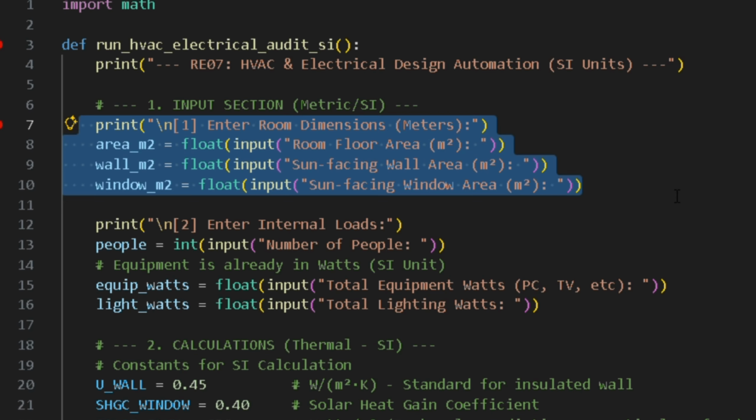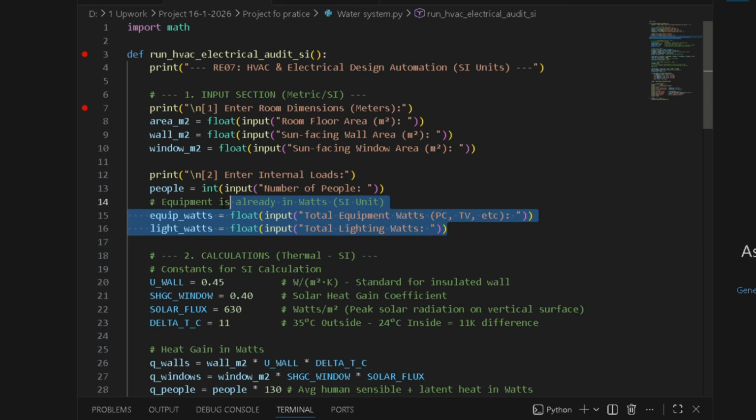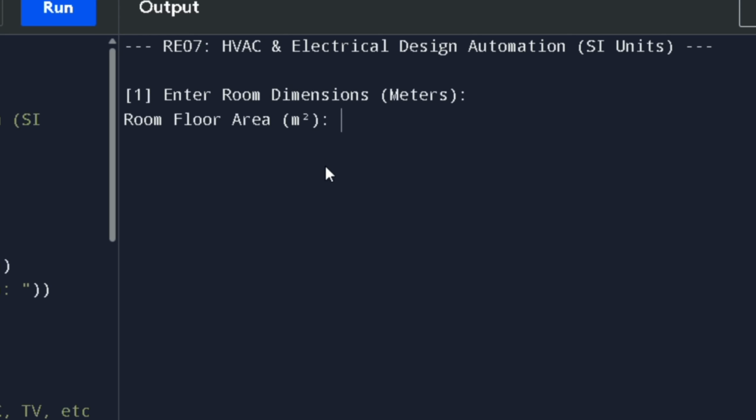Input section, internal loads. Next, the program asks for internal heat sources. people equals int, input, number of people. equip_watts equals float, input, total equipment watts, PC, TV, etc. light_watts equals float, input, total lighting watts. Humans, electrical equipment, and lighting all generate heat inside a room.